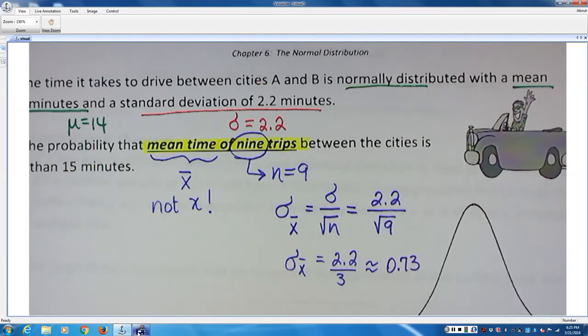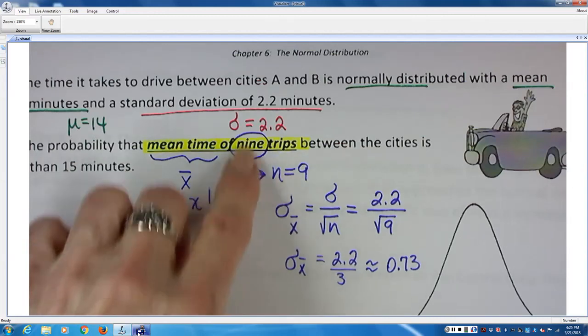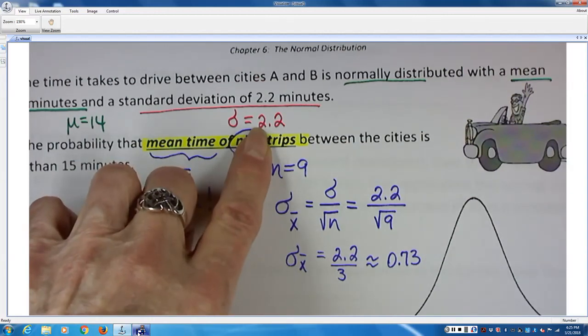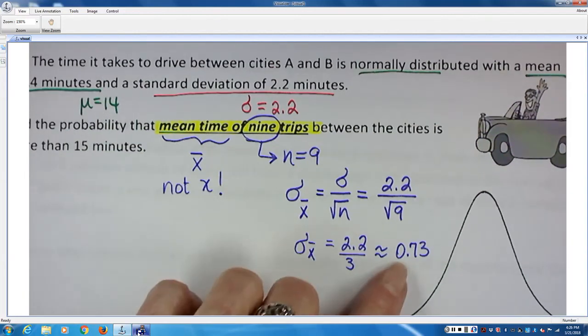And because I've already calculated that today, that's about 0.73. So instead of using a standard deviation of 2.2, I'm using a standard deviation of only 0.73.